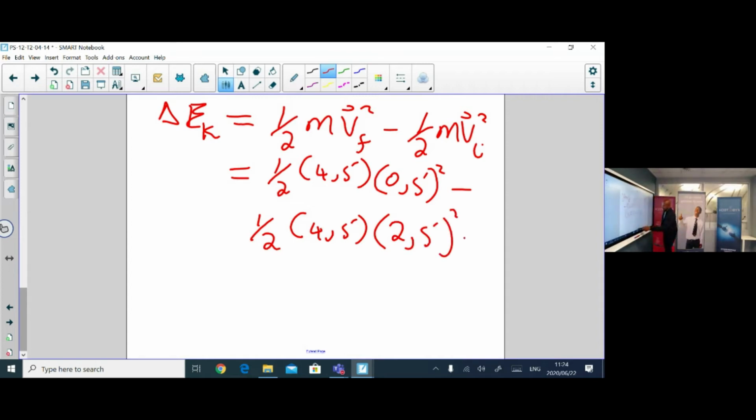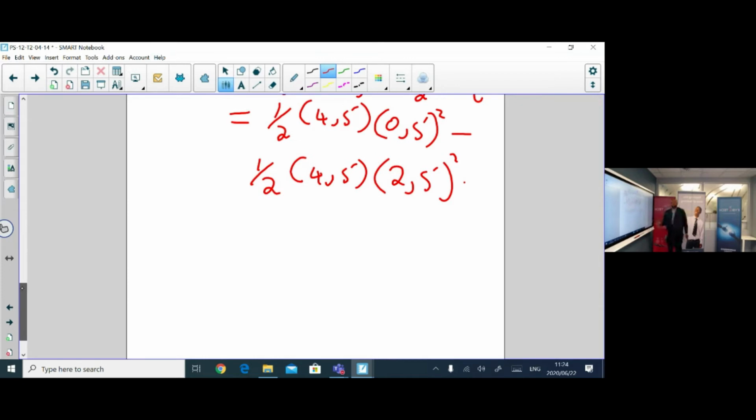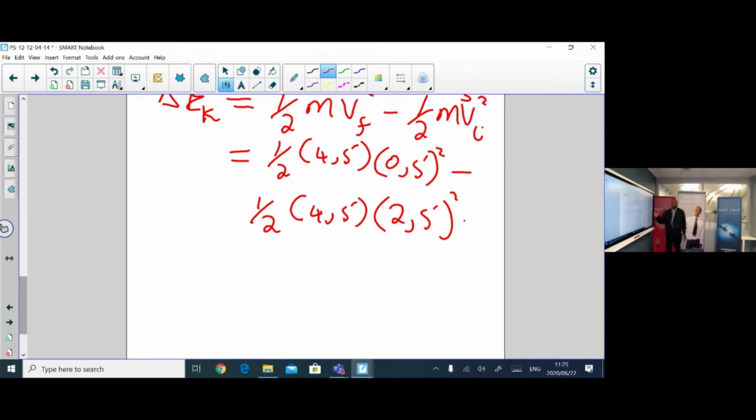Hopefully we are still together up to here, because what I was just doing is going back to the given information and replacing the values as they are. Now let us use our calculators.